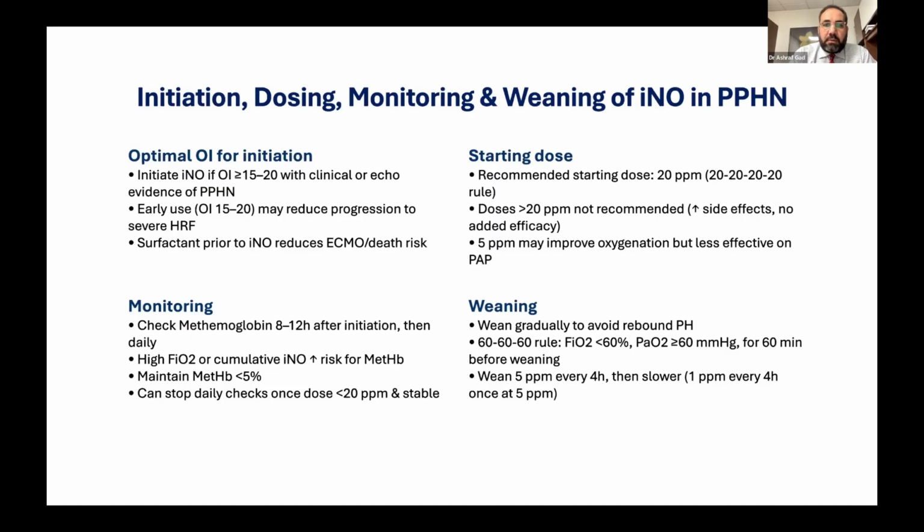Basically, there is no major contraindication of nitric oxide unless those we mentioned previously: left ventricular dysfunction, congenital heart disease, methemoglobinemia. But there are some concerns about bleeding, if the baby has active bleeding, especially in premature babies, or low platelet function.